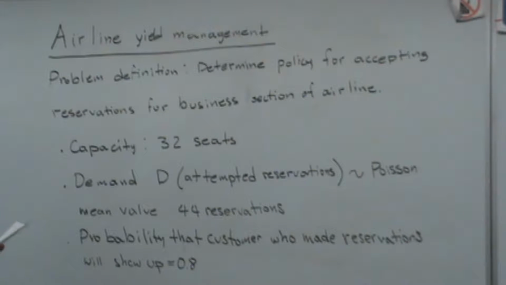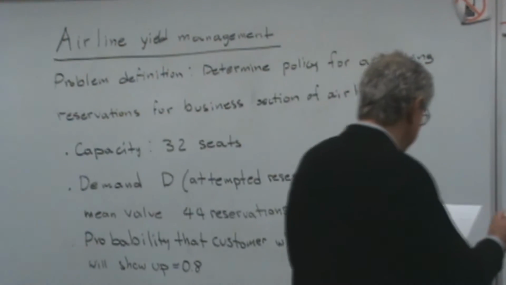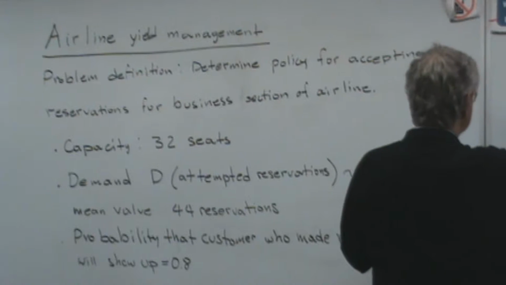Now, the profit per occupied seat is $600. This is profit.